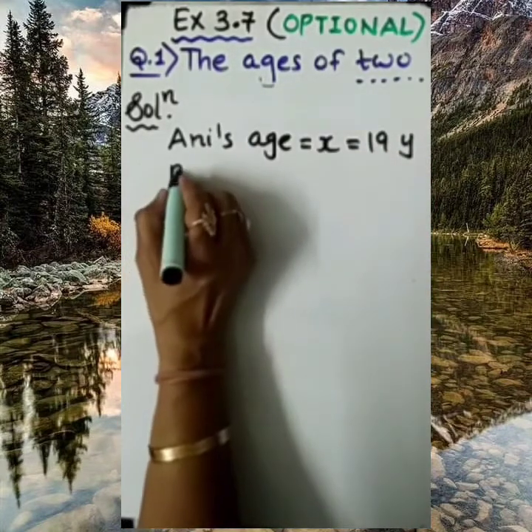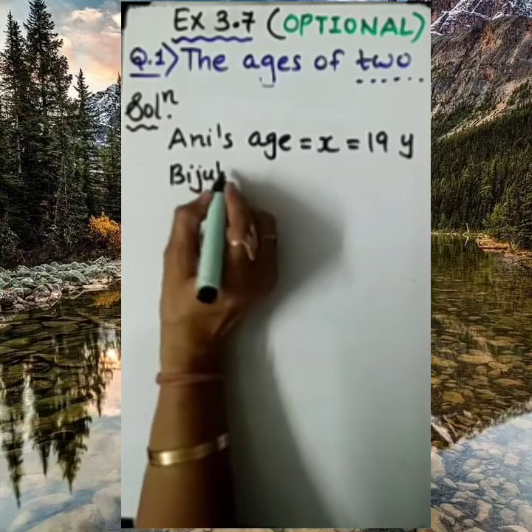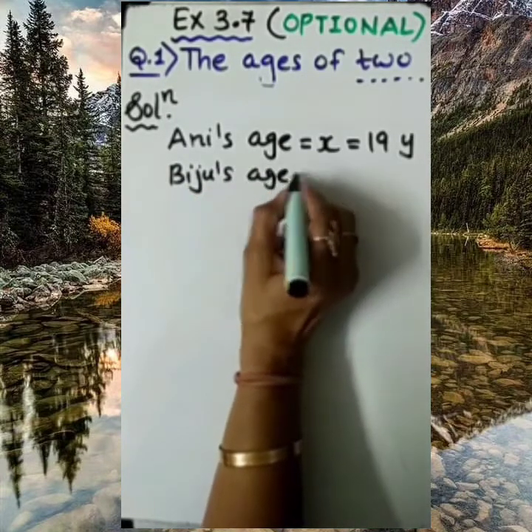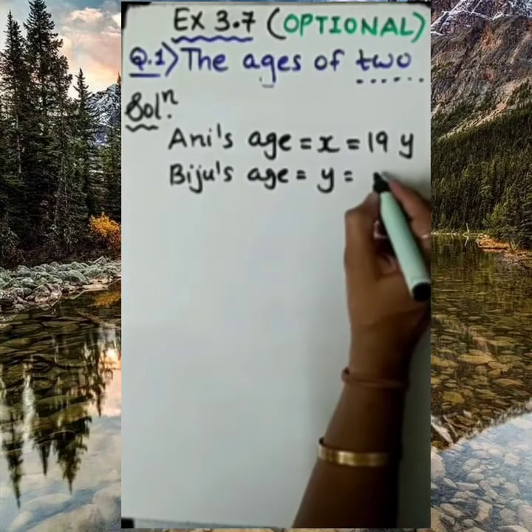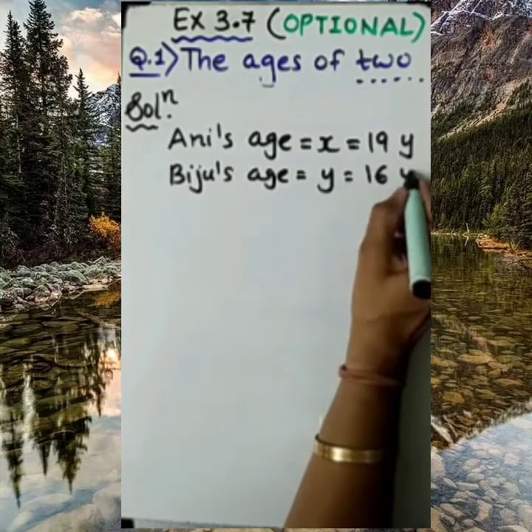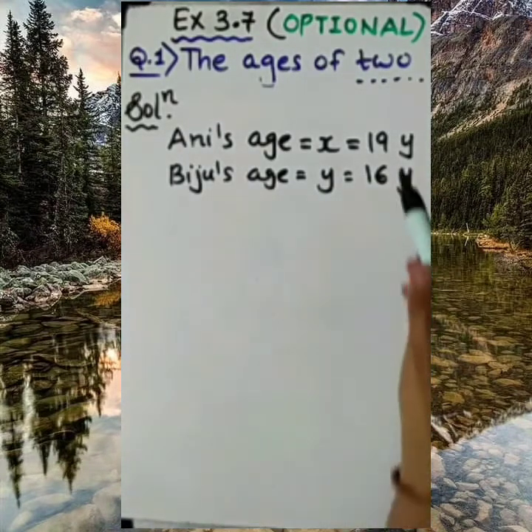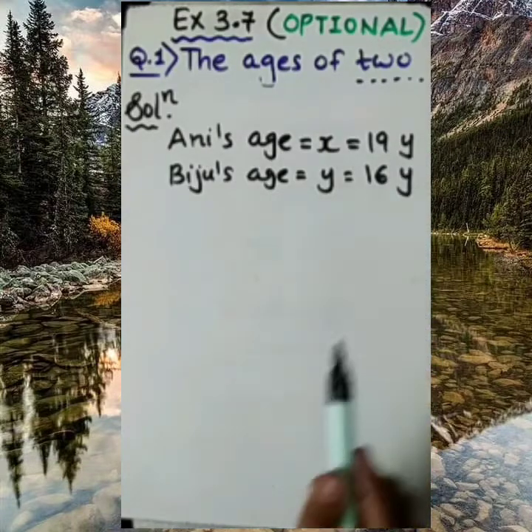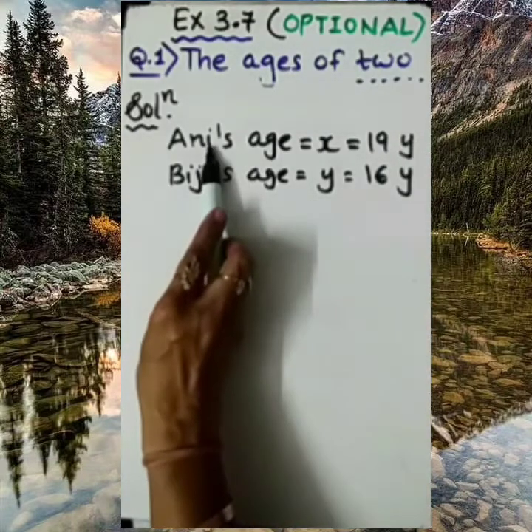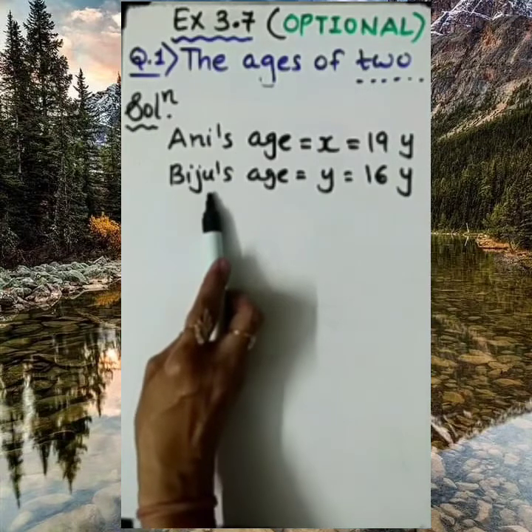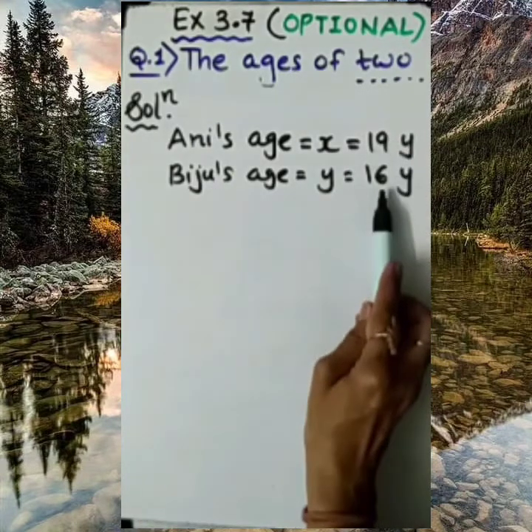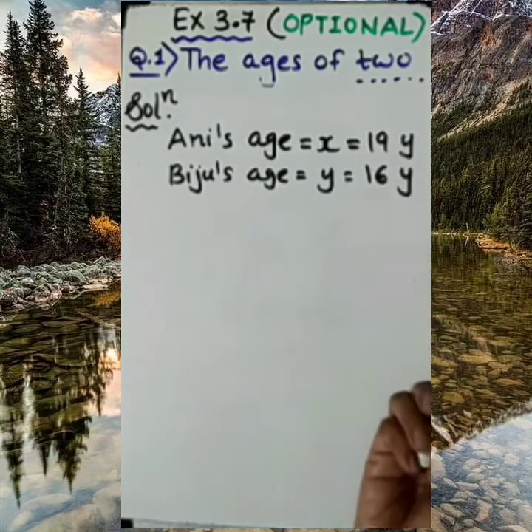And at the same time Biju's age, which we considered as y years, is coming 16 years. The difference of these two ages is 3. In that first case you can see Ani is elder than Biju. Correct? That's why 19 minus 16 was 3.